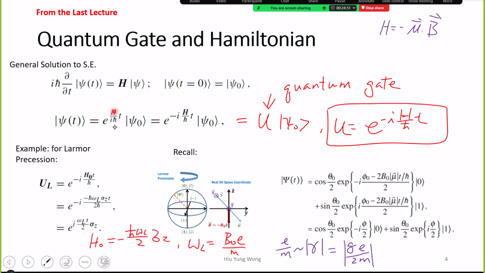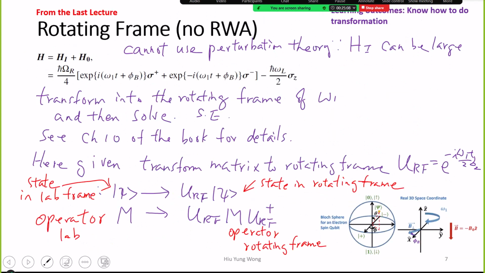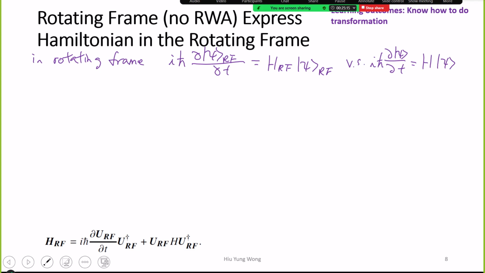The gate is actually equal to e to the power of the Hamiltonian. Okay, so you transform the operator, but you don't transform all matrices in the Schrödinger equation. So this one you need to be careful. So I cannot just say that H_RF equals U_RF times H times U_RF dagger, right? So let me make this very clear.